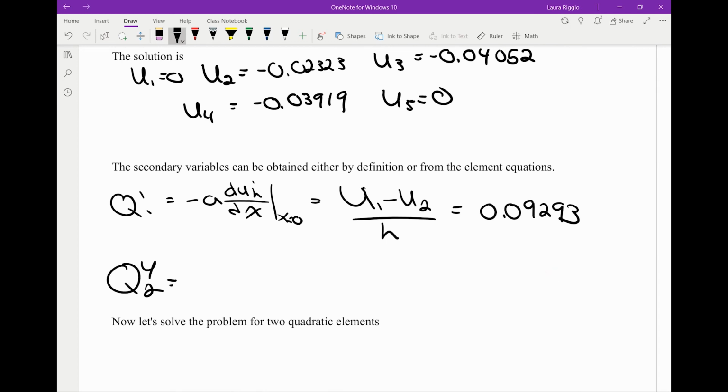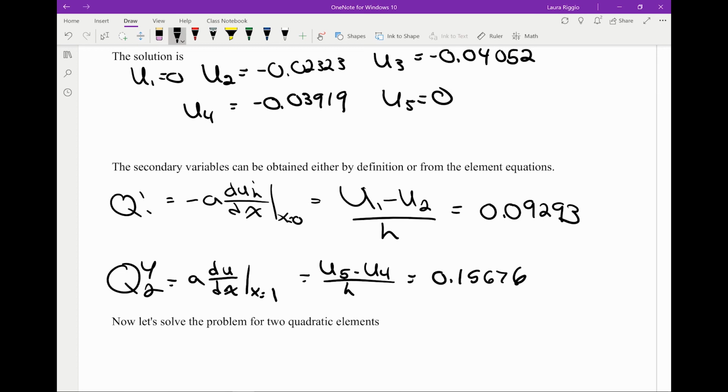Q42 is A du dx at x equals 1, which is U5 minus U4, which is 0.15676. If you were to use the element equations, you would get slightly different answers.